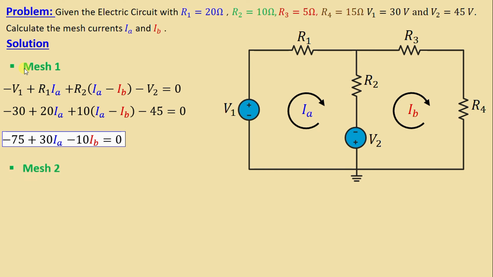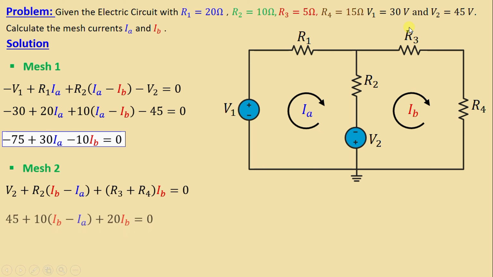By applying KVL in mesh 2, we can write V2 plus R2 (IB minus IA) plus (R3 plus R4) IB. By replacing the resistors and voltages with their numerical values, we obtain 45 plus 10 (IB minus IA) plus 20 IB is equal to 0.